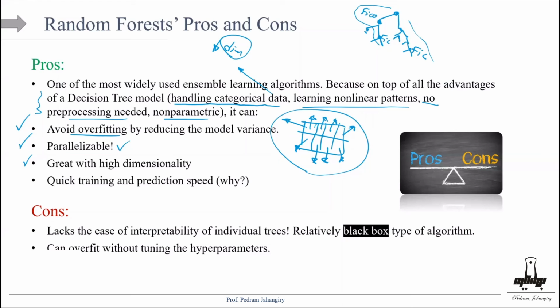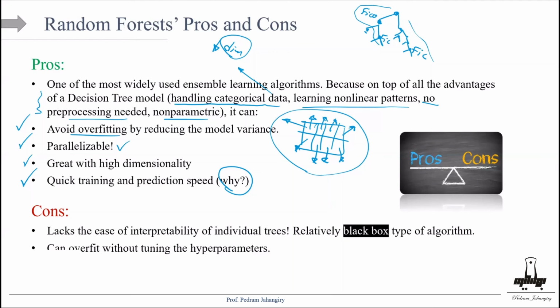And finally, quick training and prediction speed, right? Why? Again, because it's going to reduce the dimension of the data. By reducing, I don't mean that for example it's going to go from 100 to 50. I mean when compared to other models, where we have lots of categorical variables, right? Random forests are going to work with a subset of features instead of the entire feature set. So it's going to be faster.